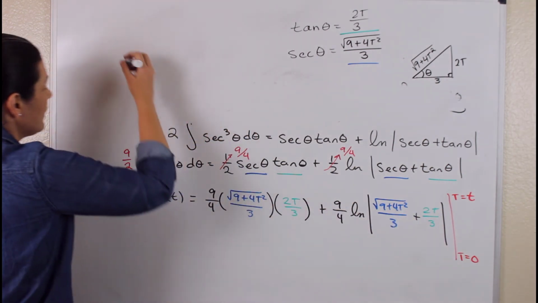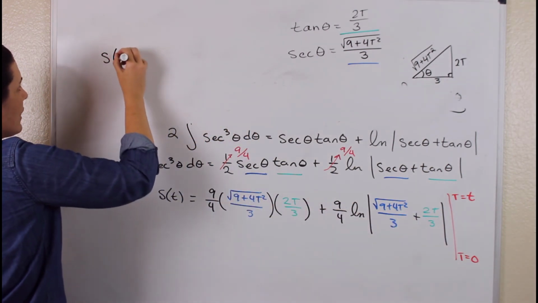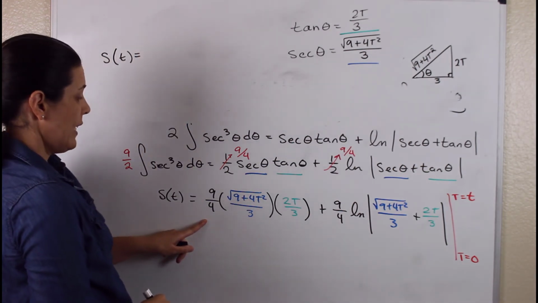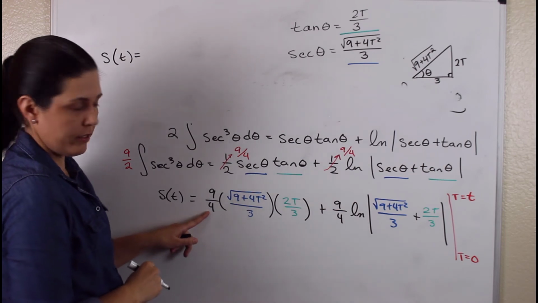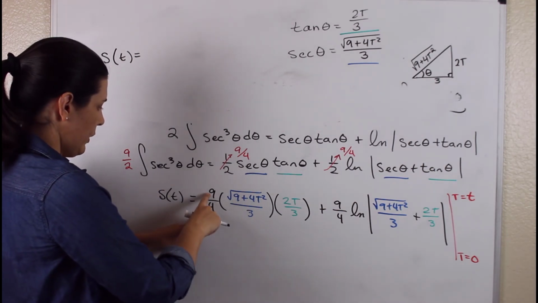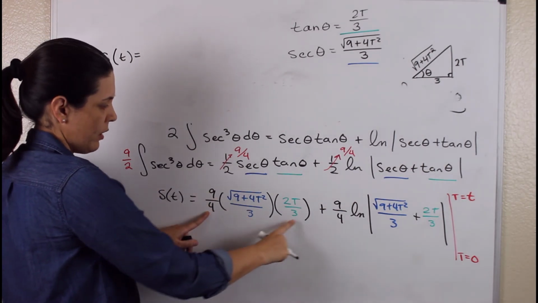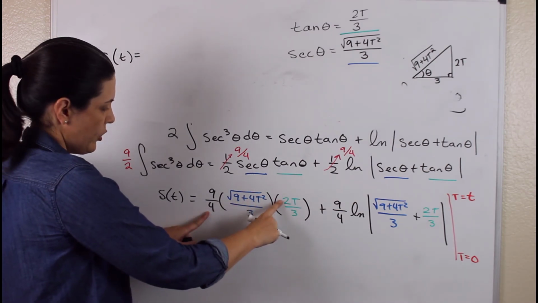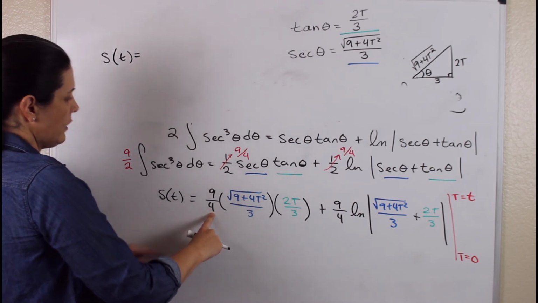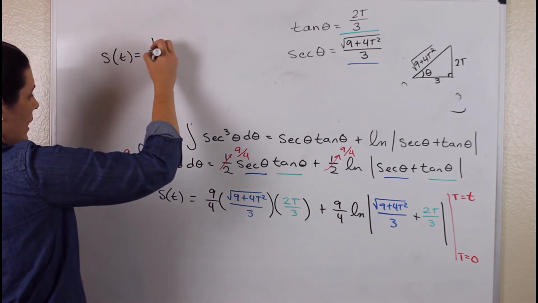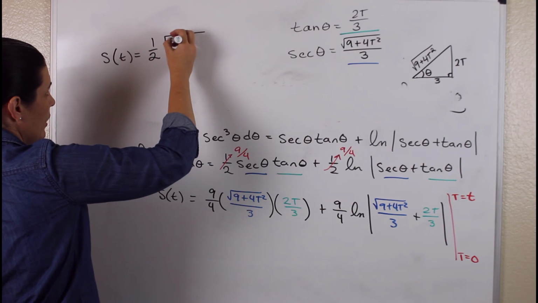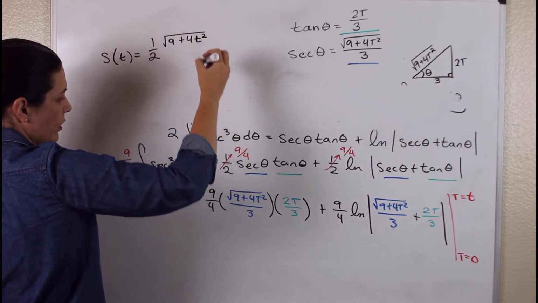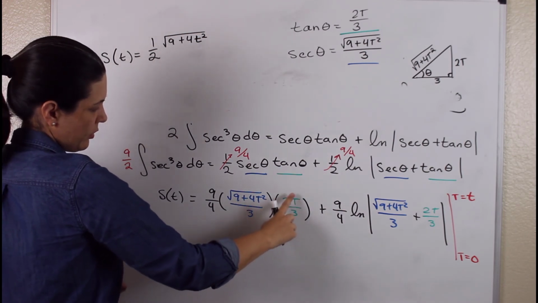So what we basically just have to end up writing here is s of t. Let's see if we can put anything together. We kind of can. Let's make our lives slightly better at the end here. We're going to say 9 divided by 3 divided by 3. So that all divides out. And then 2 divided by 4 turns into a half. So 1/2 square root of 9 plus 4 little t squared times little t as well.